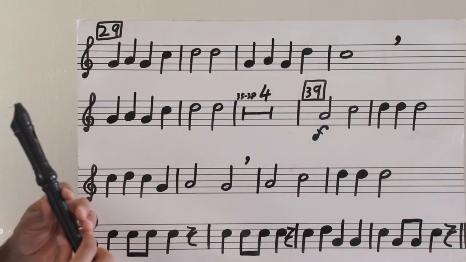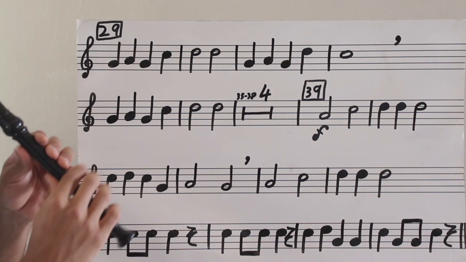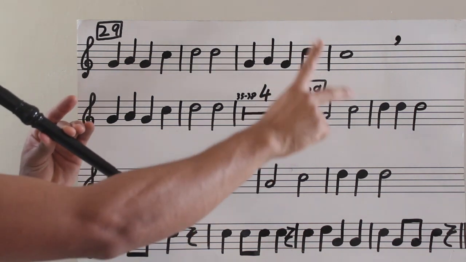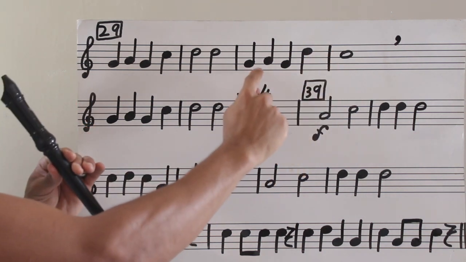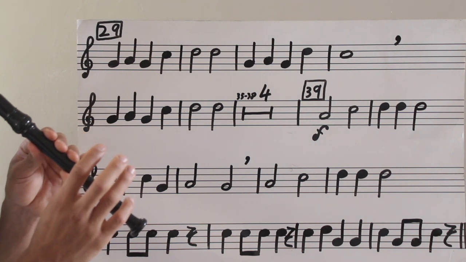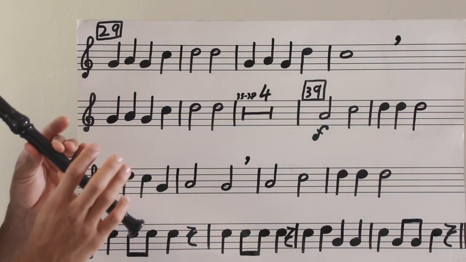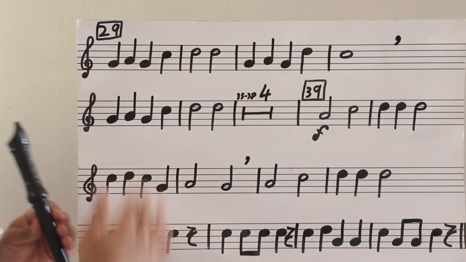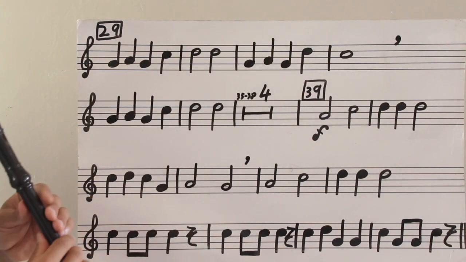So let's go from bar 31. 3, go. Again from bar 31. 3, go. Let's go from bar 29 up until bar 32, up into this whole line. 1, 2.